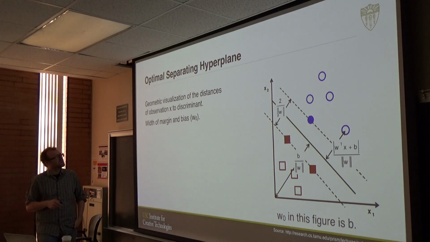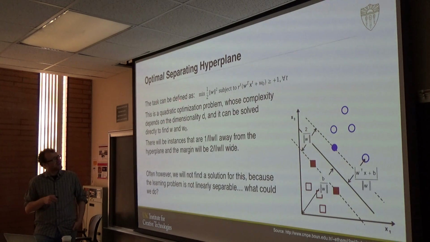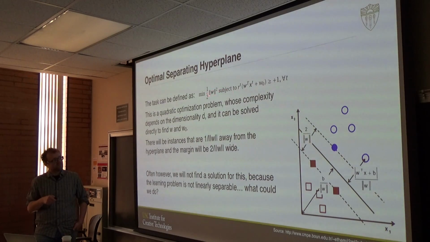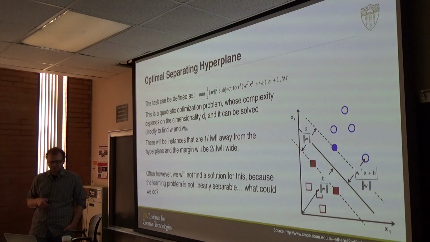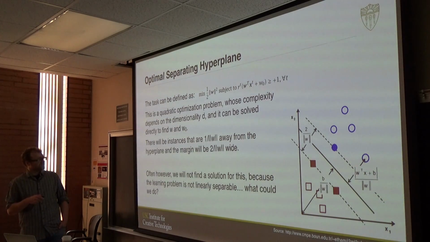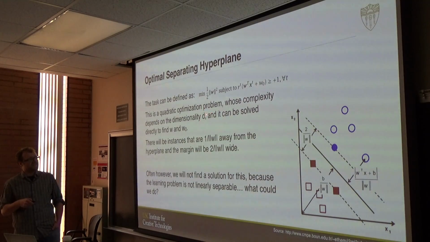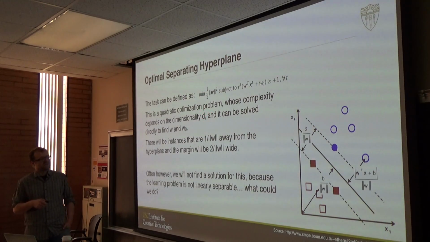So the task can now be defined as minimizing 1/2 W squared, which is the square of the norm of the weight vector, subject to the constraint that we had before. We can formulate this as a quadratic optimization problem whose complexity depends on D, the dimensionality of our vector.